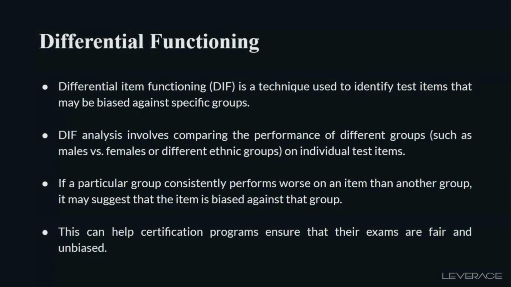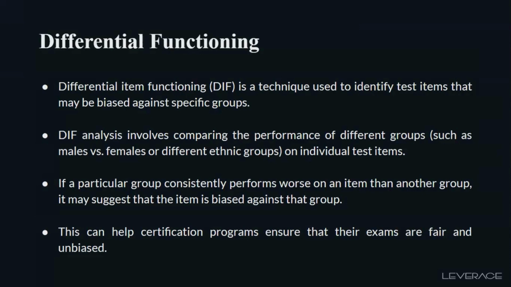Then differential item functioning, or simply DIF. This is a technique that is employed to check to see if items in a test may be biased against a specific group or groups.